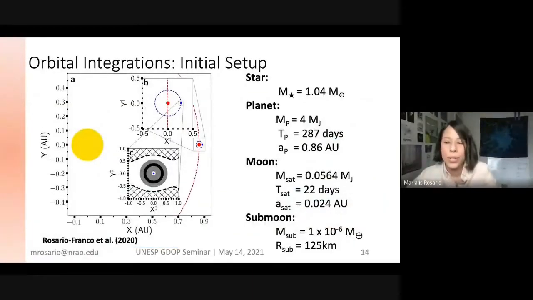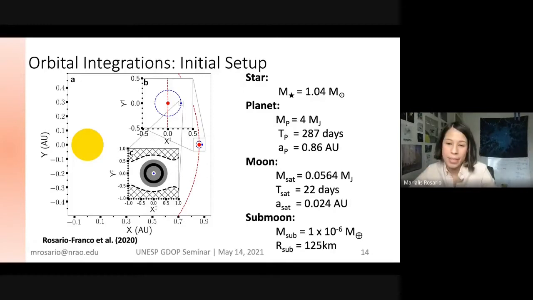So in order to achieve this, I did some orbital integrations, and this is my initial setup where the parameters of the star and the planet are derived from Kipping 2009, and the parameters of the submoon are derived from Kollmeier and Raymond.